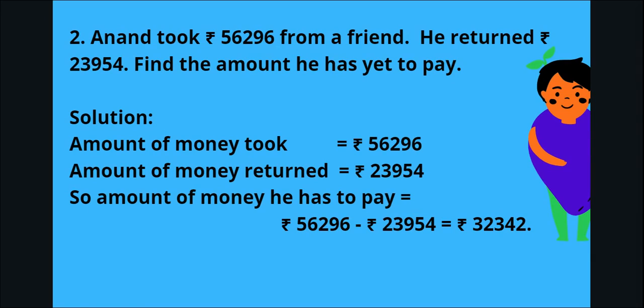So the amount of money he has to pay we will get by subtraction, that is rupees 56,296 minus rupees 23,954, which gives rupees 32,342. Children, is everything clear to you?